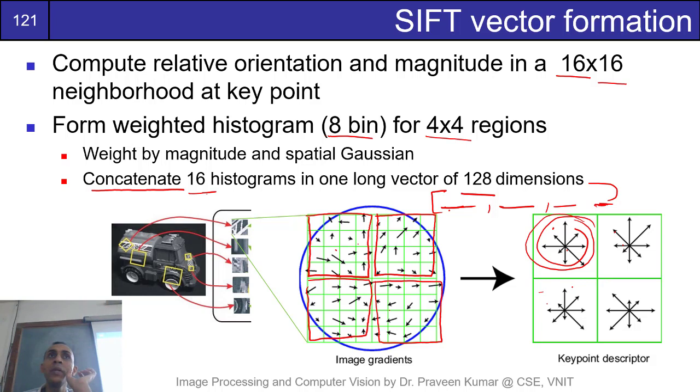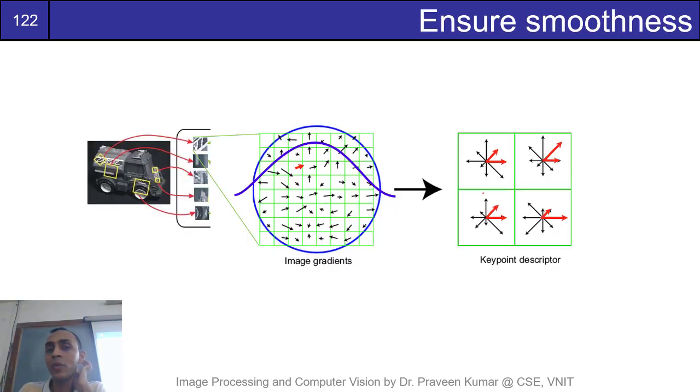But that spatial layout is not so precise that if you move our location a little bit by a few pixels here and there, your vector is going to change that much. It may change a little bit, but not to that degree. So what I'm trying to impress is that by doing this kind of descriptor, we are trying to maintain some trade-off between distinctiveness and invariance. This is what I was talking about, the smoothness thing.